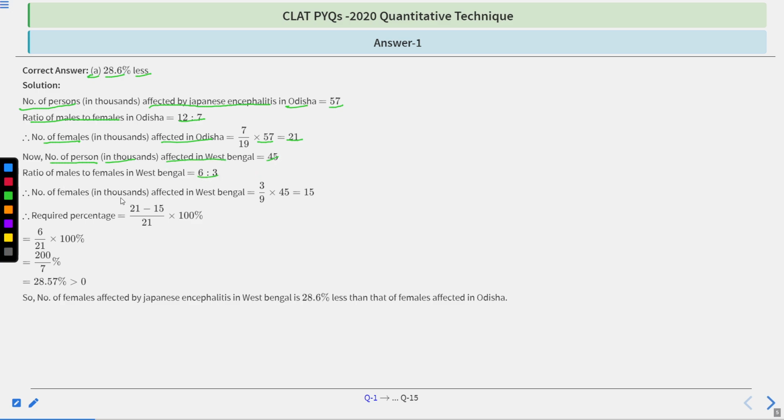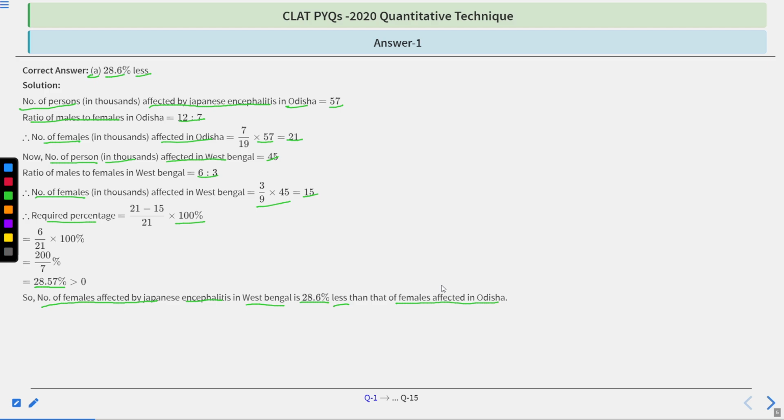Ratio 6:3, so the number of females affected will be 3 by 9 times 45, which means 15,000. Now the required percentage will be 21 minus 15 divided by 21, times 100%. So the final answer will be 28.57 percent. So the number of females affected by Japanese encephalitis in West Bengal is 28.6% less than that of females affected in Odisha.